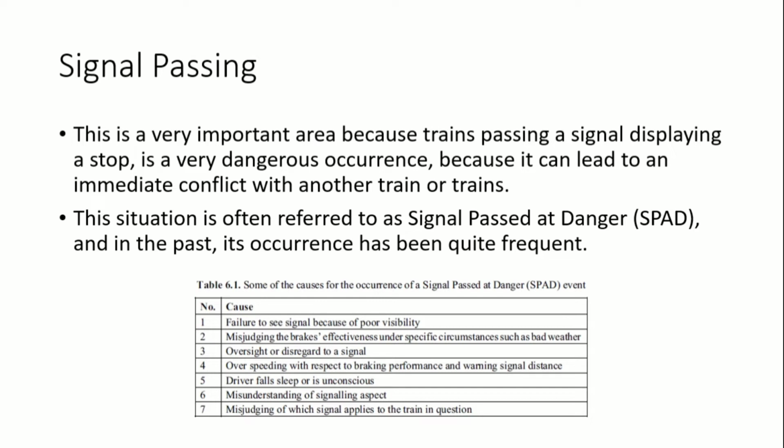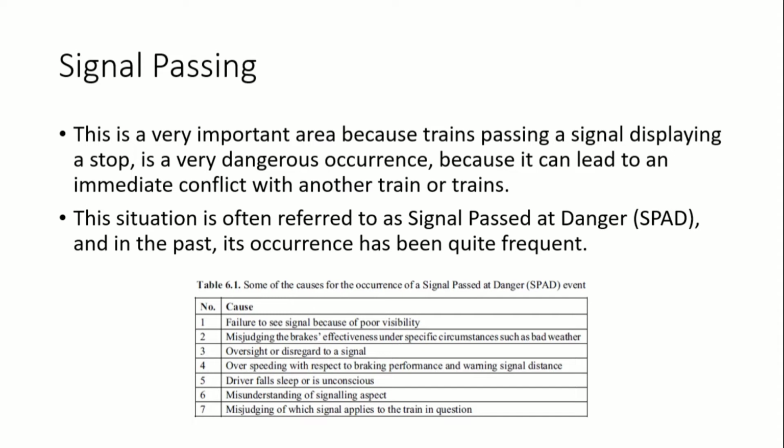First, failure to see the signal because of poor visibility, misjudging the brake effectiveness, maybe due to rain or flood or bad weather, oversight or disregard of a signal, overspeeding, and then disregard of the braking performance and warning signal distance, the driver falling asleep or being unconscious, or maybe the driver using a phone and did not see the signal, misunderstanding of the signal aspect.